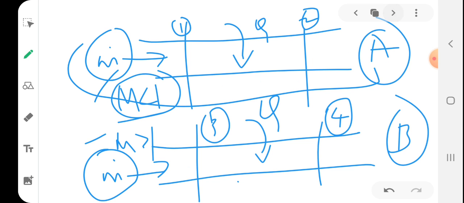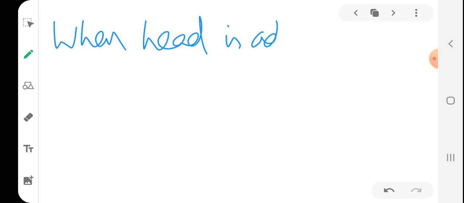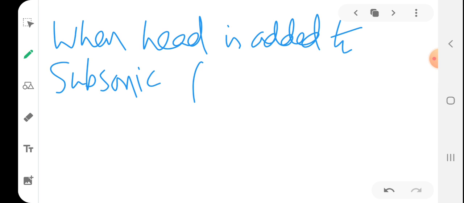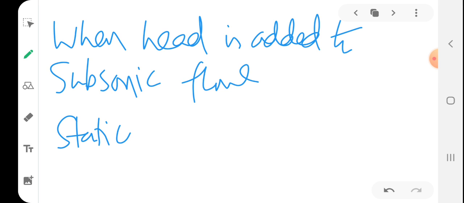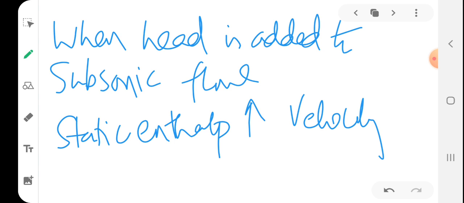In subsonic flow, when heat is added, what happens to static enthalpy? Static enthalpy increases, and velocity also increases. This is the exact opposite of the flow that we studied in the previous session.